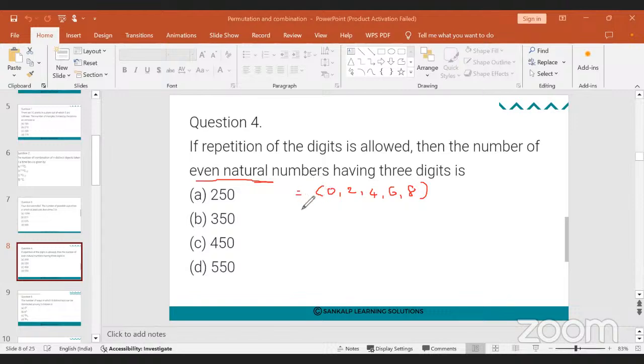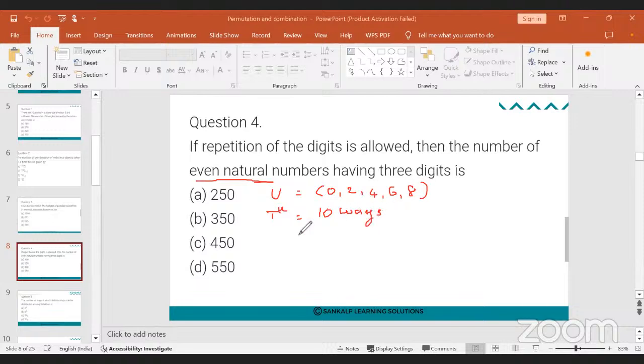Why? Because they are asking for an even natural number. First place in the sense unit place. Next is the 10th place. The 10th place can be filled in 10 different ways.